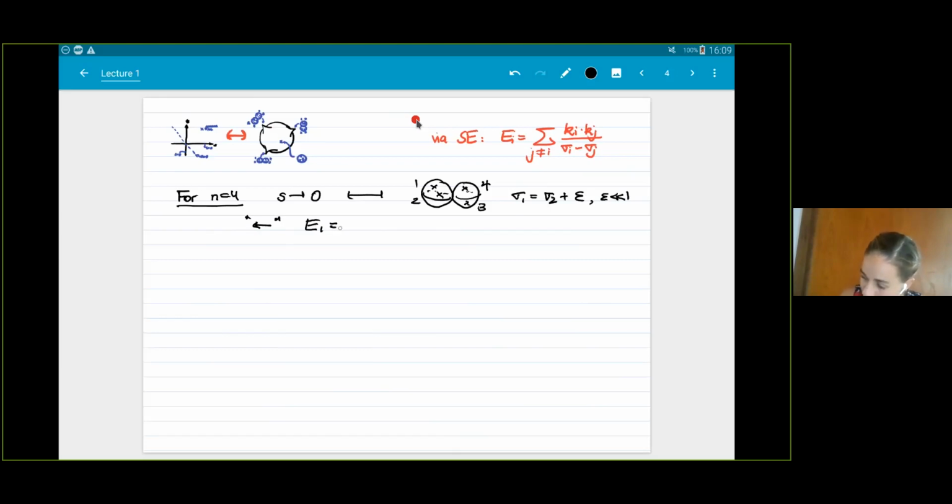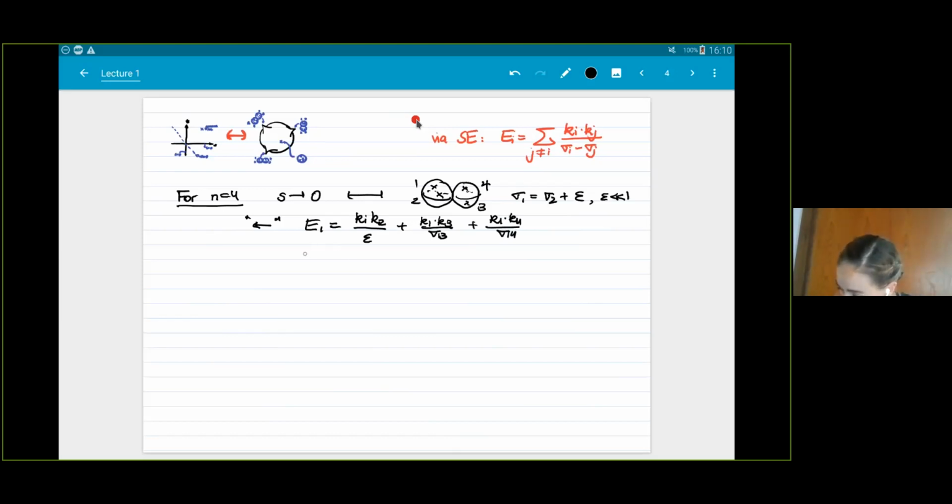In this case, let's look at what the scattering equations look like when we use this parametrization for the marked points. Close to the boundary of the moduli space, we just find that there's a term as 1 over epsilon that comes from the k_1.k_2 term. And then there's terms that are of order 1. So they look like k_1.k_3 over sigma_13 plus k_1.k_4 over sigma_14.